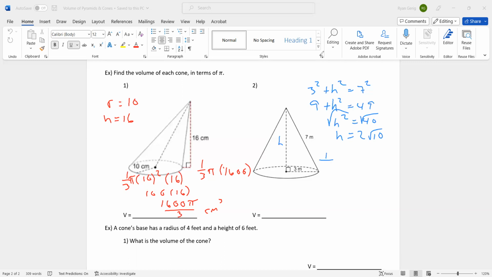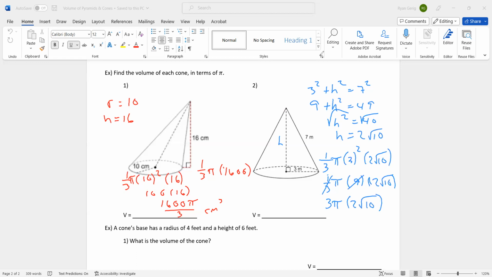So it's 1/3 pi. Radius I already knew was 3, squared, times 2 radical 10. So 1/3 pi, 3 squared is 9, times 2 radical 10. 9 and 1/3 make 3 pi times 2 radical 10.